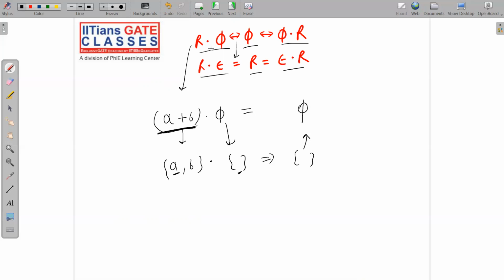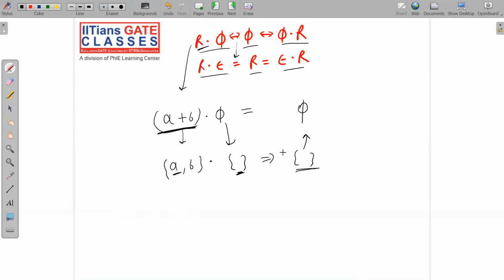In place of a plus b, you can write any regular expression, because it represents a regular language. If you put any regular language here and concatenate it with phi, you will get the empty set only, because in phi there is no string at all. If you pick one string from here, what will you pick from here? Nothing from this set. Hence the final answer will be the empty set only.